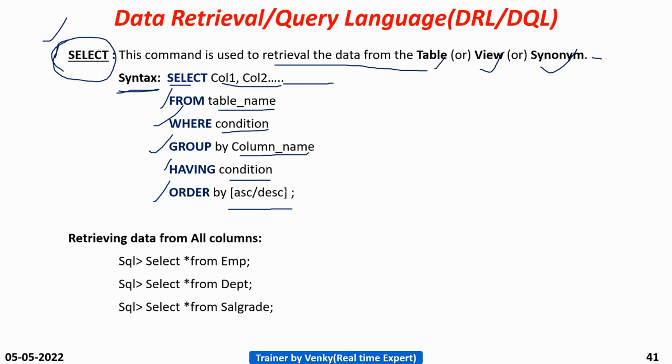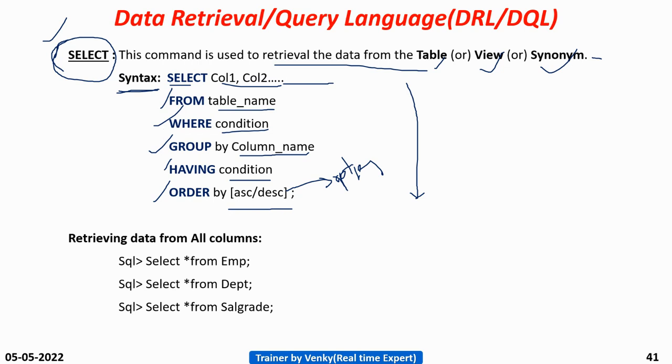When I keep brackets, it means it is optional, as we discussed previously, in any programming language. This is the hierarchy for an SQL statement, so we must follow the same order.